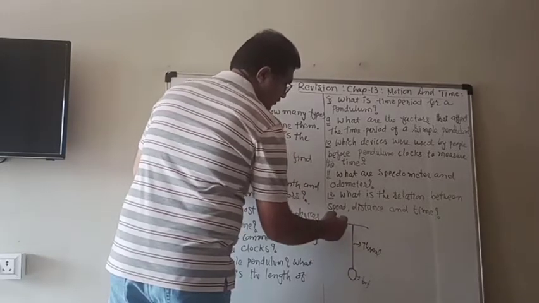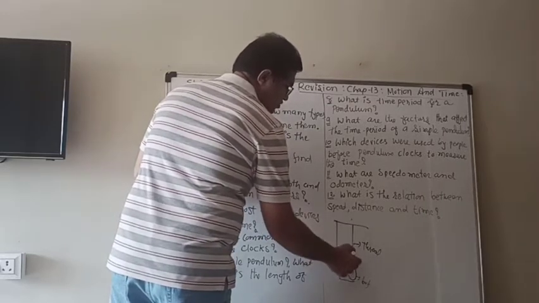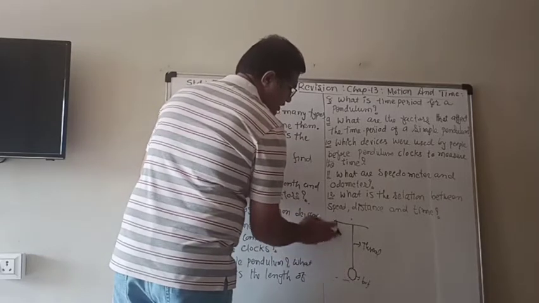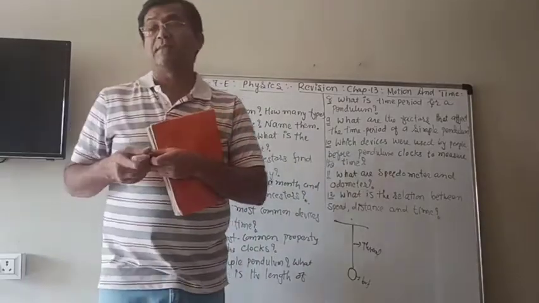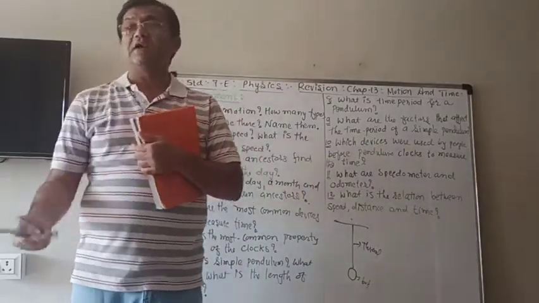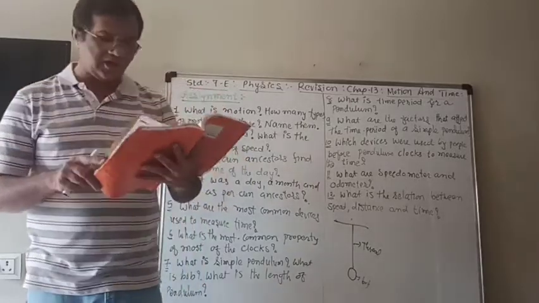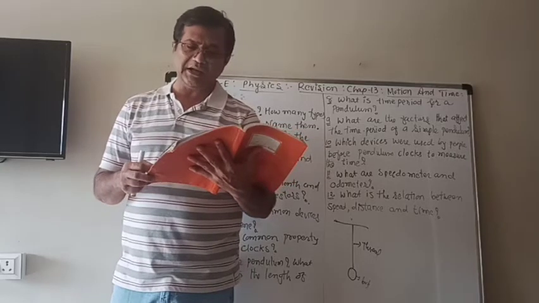From here to here, the whole length, not only the thread but up to the lower end of the bob, is known as the length of the simple pendulum.